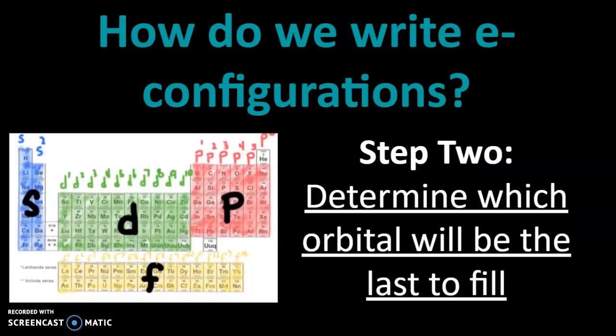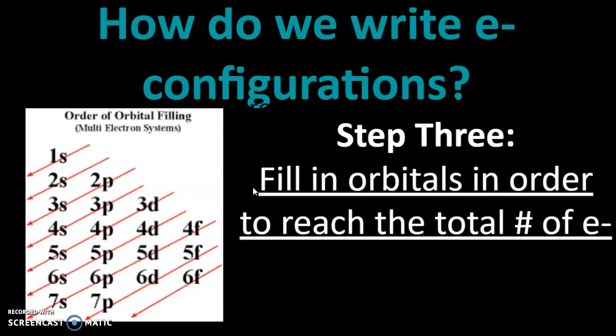Step 2. Determine which orbital will be the last to fill. We're going to be dealing with a neutral chlorine, so we have to start with 1s2, 2s2, 2p6, 3s2, and then you count how many electrons are left. So it's 1, 2, 3, 4, 5, 3p5.